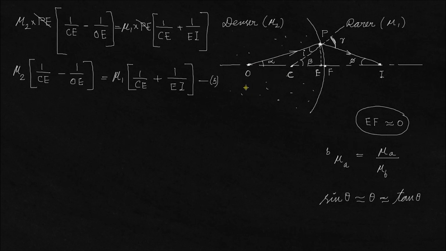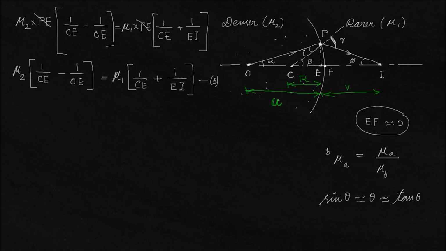We have the object distance, that is the distance of the object from F or from E. We take that as U. See, this is U. My mu and U look the same, so I write it as U. And this is the image distance, so that will be V, the distance of the image from F. This is R, the radius of curvature. And one more point, everything on the left of E or F, I have to take as negative.